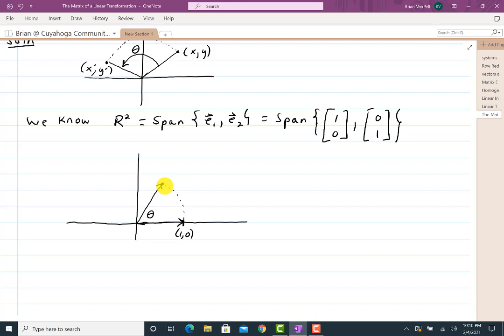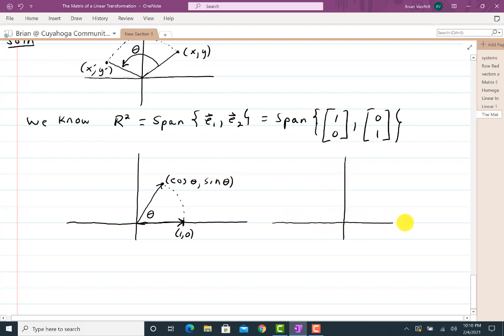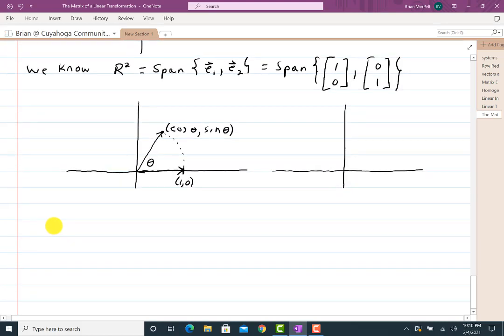So as it rotates, the tip of the vector is on a circle of radius 1, which means we know that any point on a circle of radius 1 looks like this. So I know what happens to 1, 0. Easy enough. So what this tells me is T of 1, 0 equals cosine theta, sine theta.